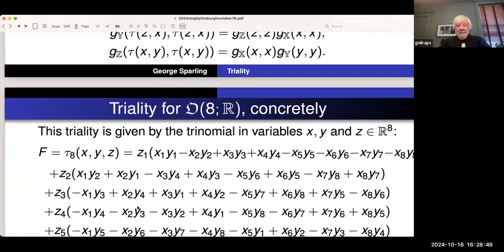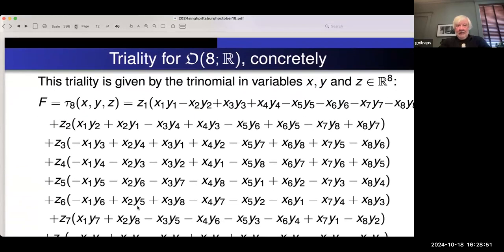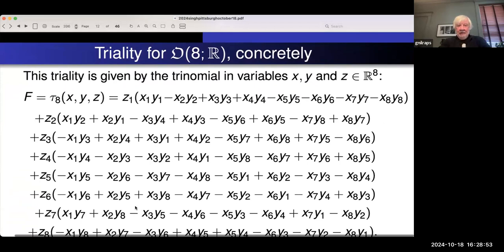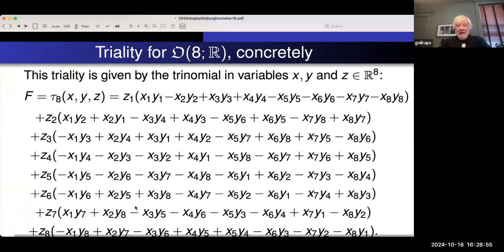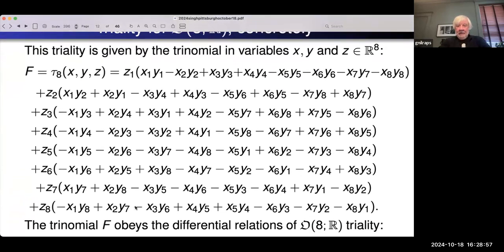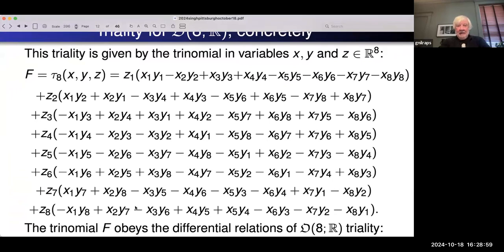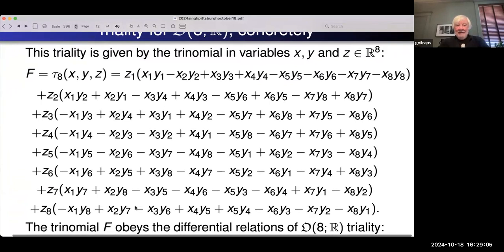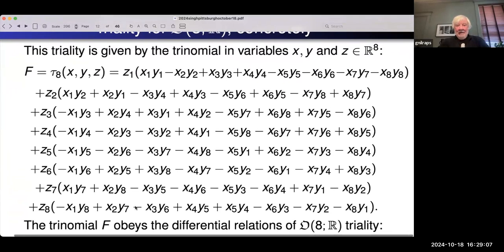To be very concrete, here is a formula for triality in 8 dimensions. Okay, so you just write it down. How you get to it is another question, but it's just some messy formula. And its only obvious feature is that it's trilinear.